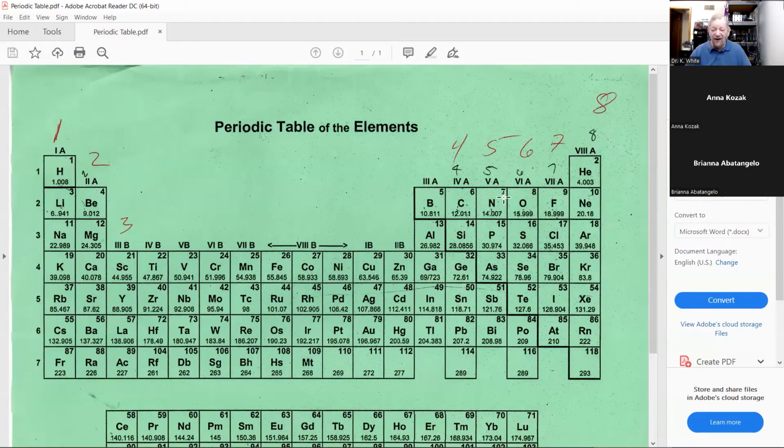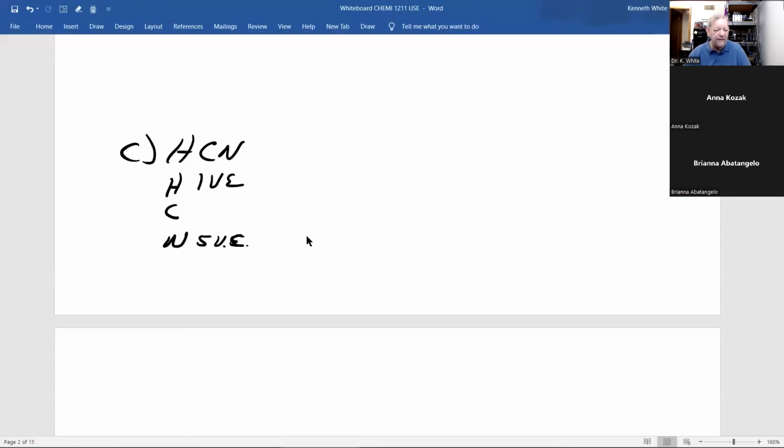All right, carbon, chemical symbol C. Look at the top of the periodic table column, and you see the number 4. Carbon has 4 valence electrons. Now, hydrogen has 1, carbon has 4, and nitrogen has 5.